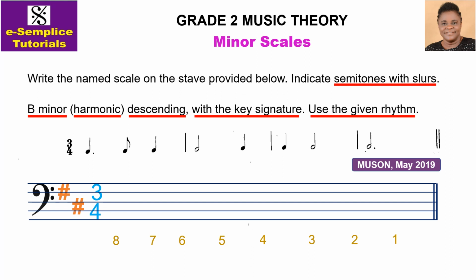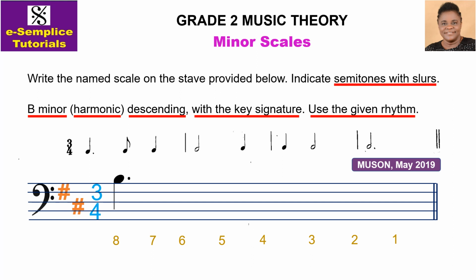So let's add the notes. The first note there is a dotted crochet, and it should be at the B position above line 5. Remember, above line 5, the stem of your note should stick down.